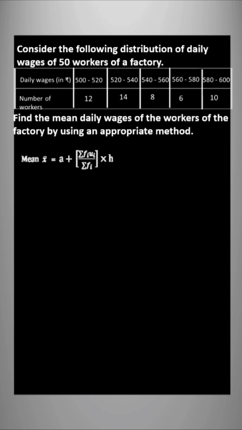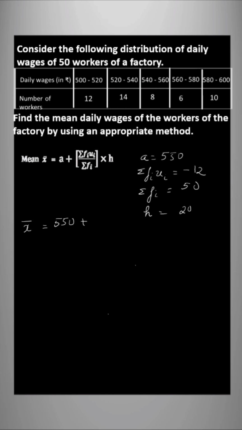So now let us calculate the mean. Here the assumed mean A is equal to 550. Summation of fiui is minus 12. Summation of fi is 50. Class size is 20. So now let us substitute the values to find the mean. A is 550 plus summation of fiui, which is minus 12, over summation of fi, which is 50, into h, which is 20.